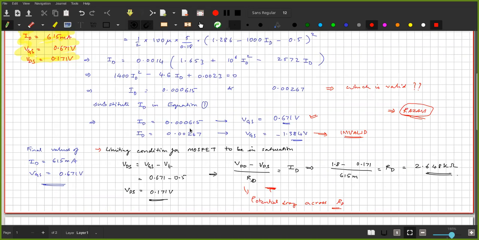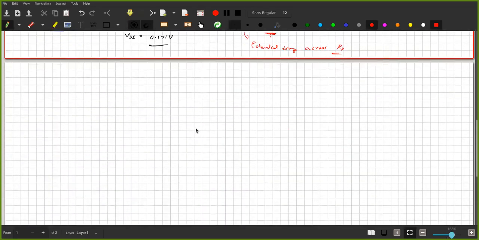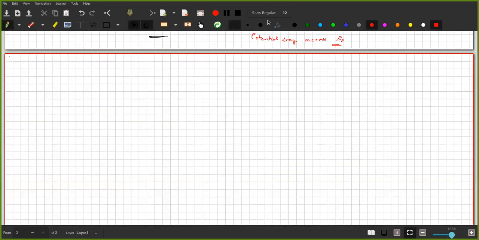Okay. Now let us move on to the second problem here. Right. So here again, this is a design problem. So design the circuit.